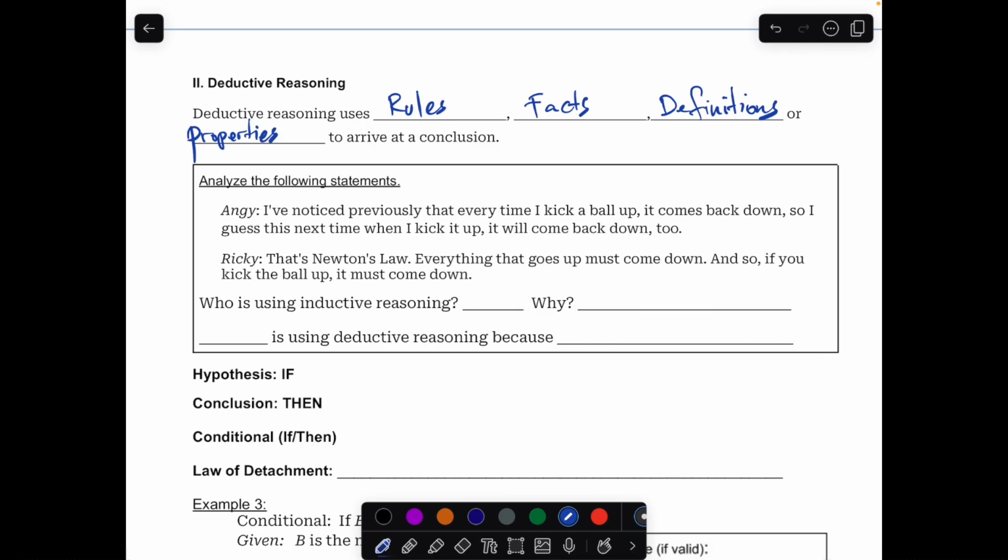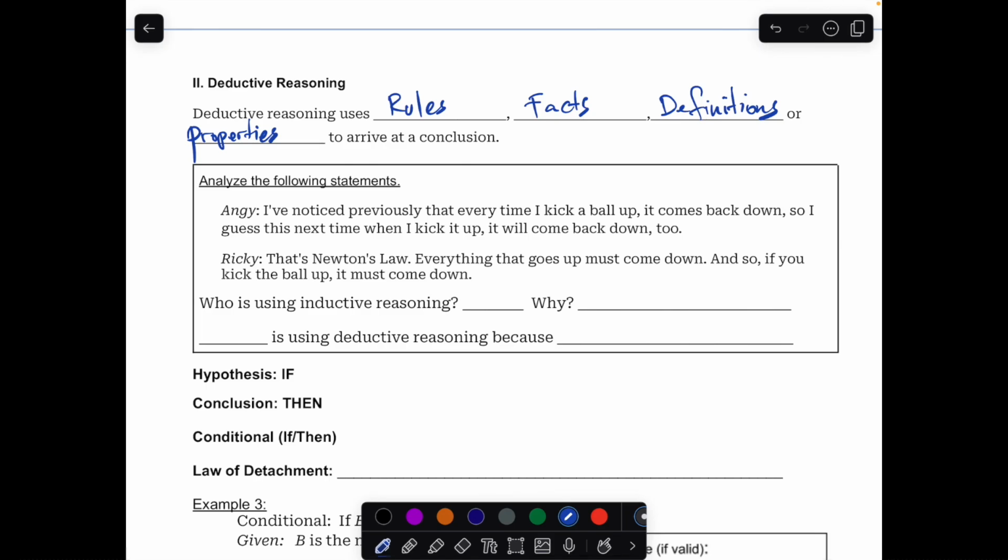So let's look at the situation here. Angie says, I've noticed previously that every time I kick a ball up, it comes back down. So I guess this next time when I kick it up, it would come back down too. Ricky says, well, that's Newton's law. Everything that goes up must come down. So if you kick the ball up, it must come down.